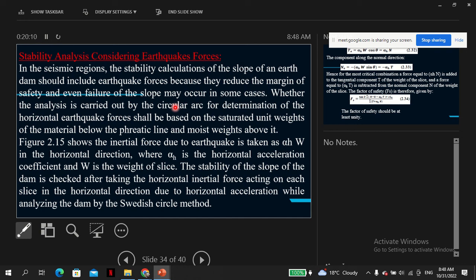Whether the analysis is carried out by circular arc, the determination of horizontal earthquake forces shall be based on the saturated unit weights of the material below the phreatic line, and the moist weight above it. Figure 2.15 shows the inertial force due to earthquake taken as alpha h.